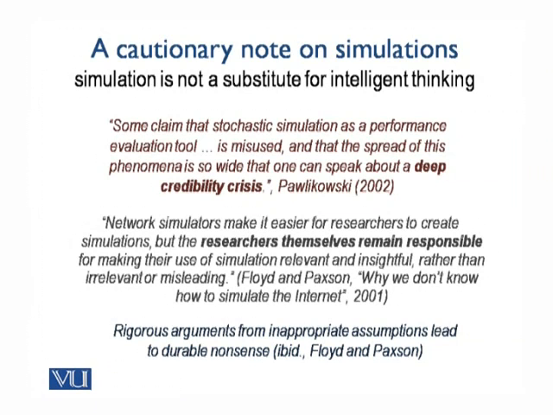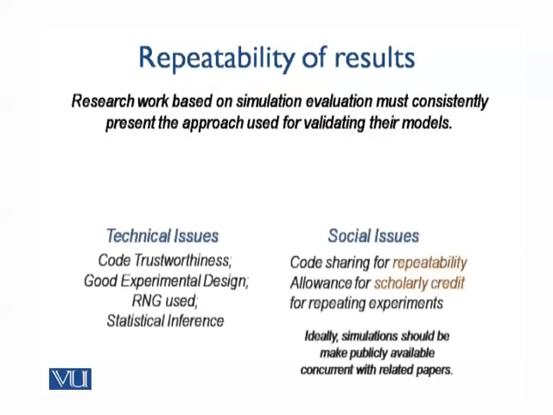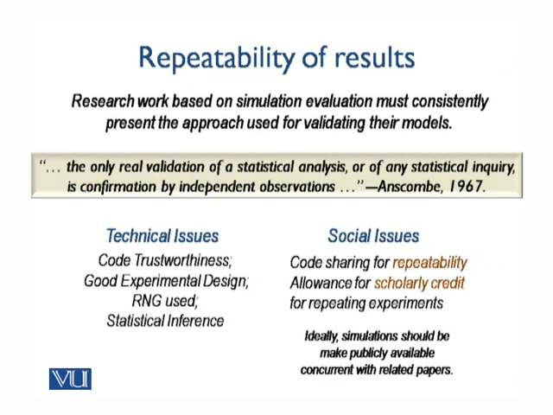So to ensure that we do not fall into this trap, we have to ensure repeatability of our results. In this regard, there are some social issues as well as technical issues. The social issues are that one must be ready to share their code with the public so that they may replicate the findings on their own. And also we need to give scholarly credit to such replications of experiments.